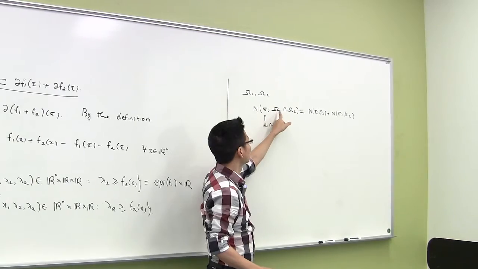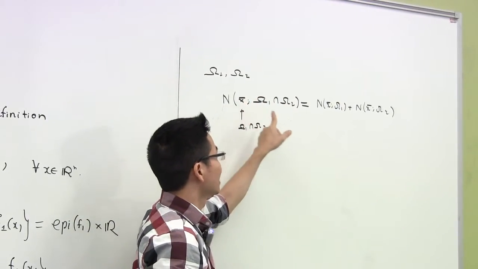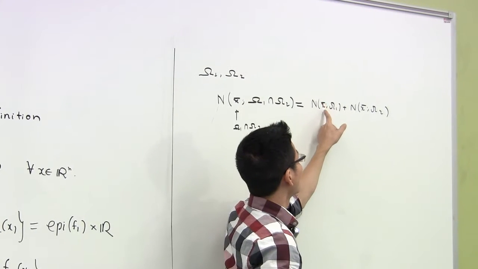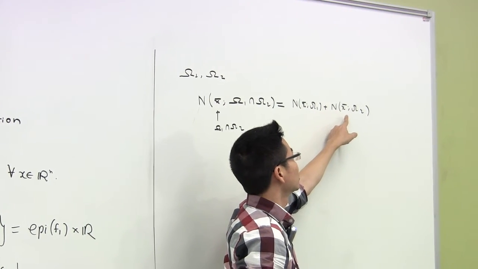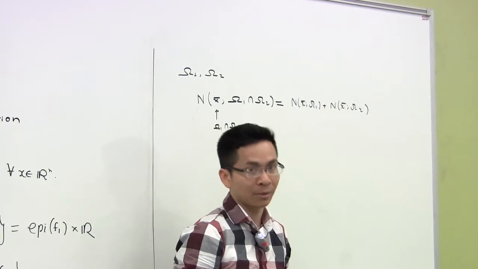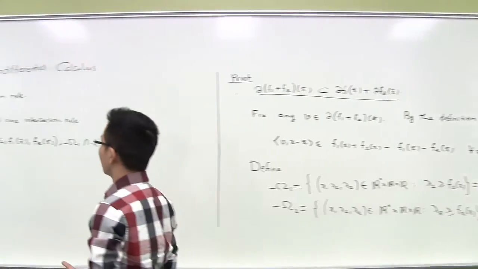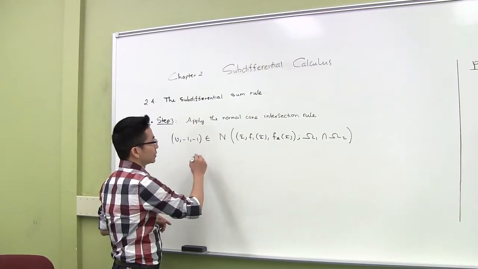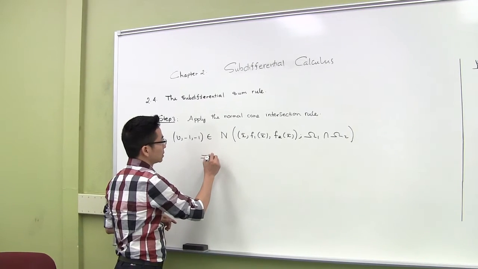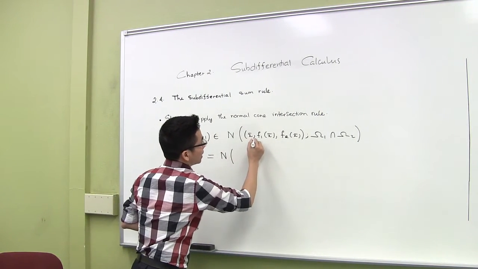The normal cone to the intersection of omega 1 and omega 2 at x bar is the sum of the normal cone to omega 1 at x bar and the normal cone to omega 2 at x bar. Okay, so let me go ahead and write down the formula. So this is equal to the normal cone to the set omega 1 at this point.